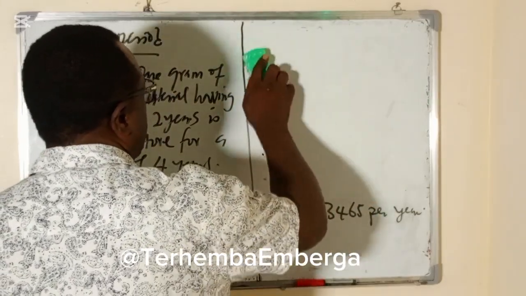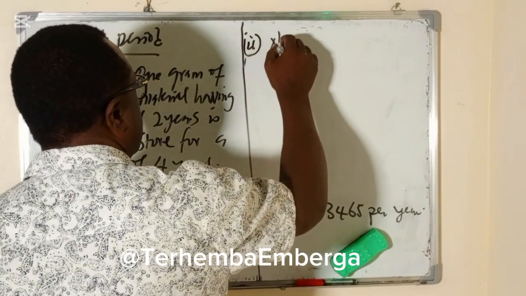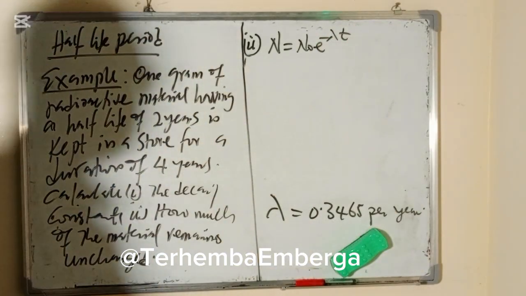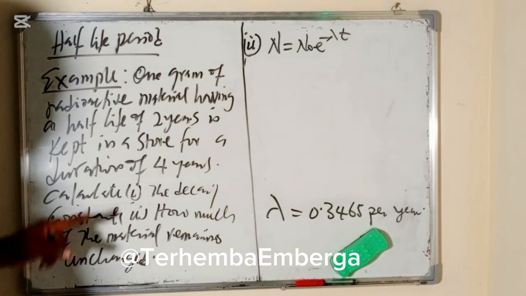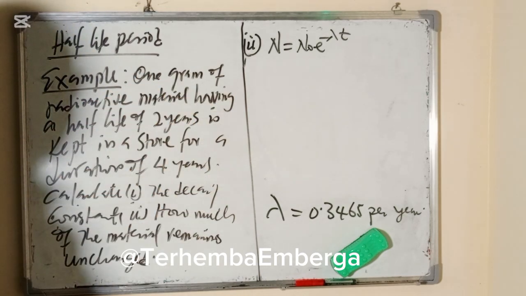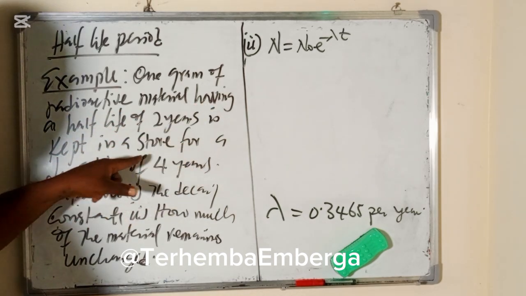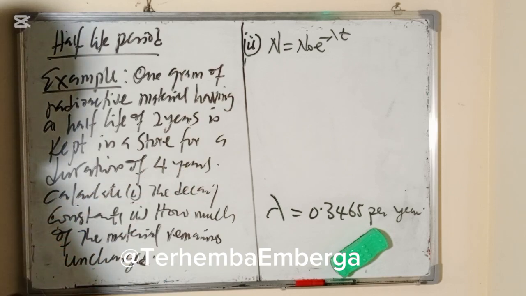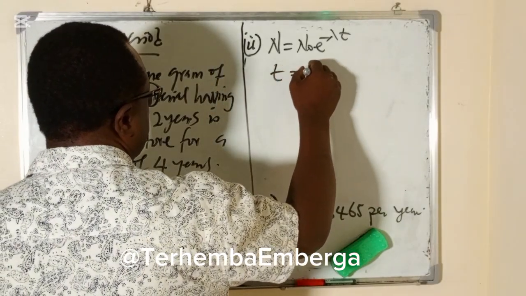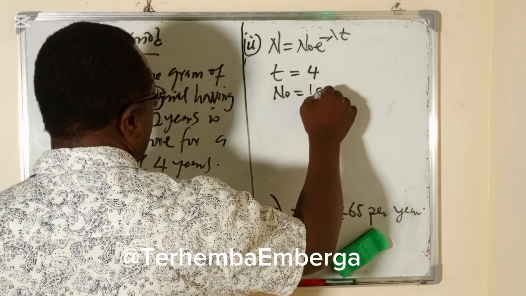This is where we now deploy that formula we derived: N equal to N naught e to the minus lambda T. Let's look at this question very well. 1 gram of radioactive material having a half-life of 2 years is kept in a store for a duration of 4 years. That is time. So in this case, T is given as 4 years and N naught is given as 1 gram.